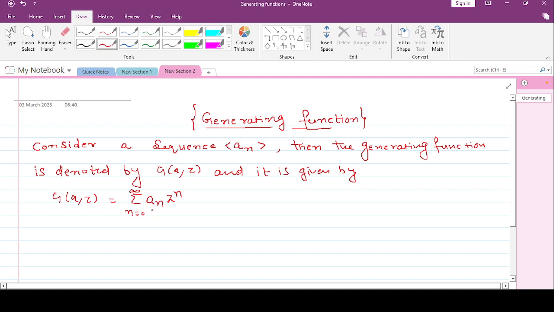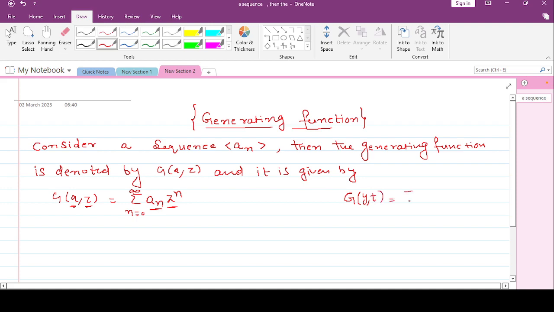Now notice here one thing: if here you have a_n, then here you are using a. And if here the variable is z raised to the power n, then you are using here z. Sometimes in other books you may be given a notation like G_y(t).